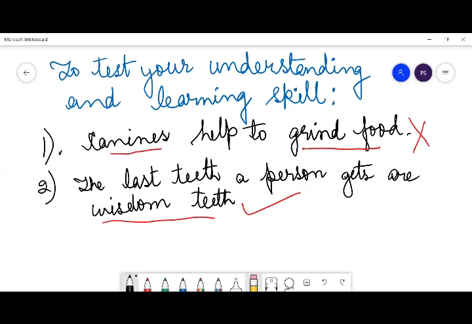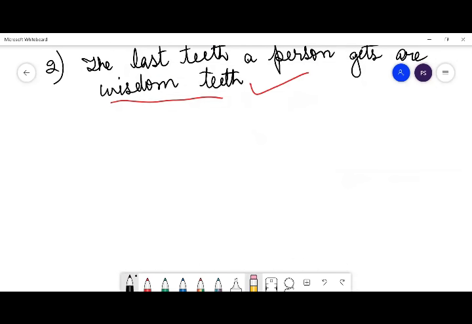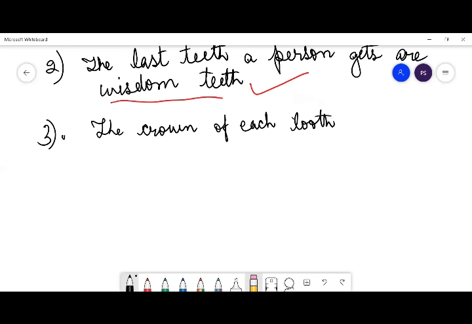Now question number 3 is, the crown of each tooth is covered with enamel.